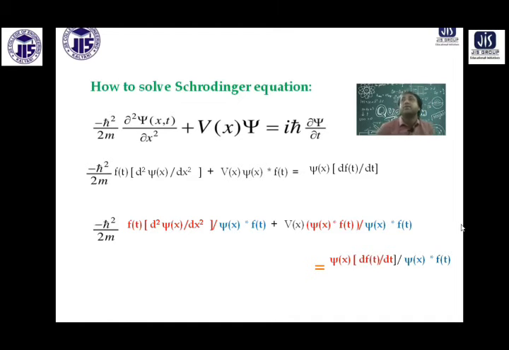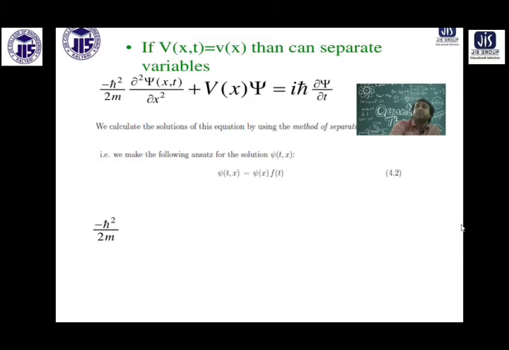You can see the first term is divided by psi and f, so it will be 1 by psi, and the next term Vx is 1. The right hand side df dt is divided by psi into f of t. You can see there.